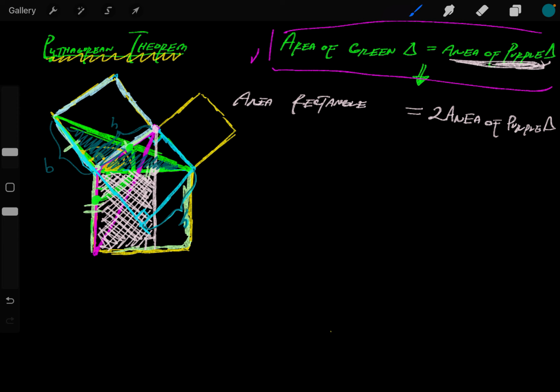So now I have another statement. I have that the area of square 1 equals 2 times the area of green triangle. Okay.